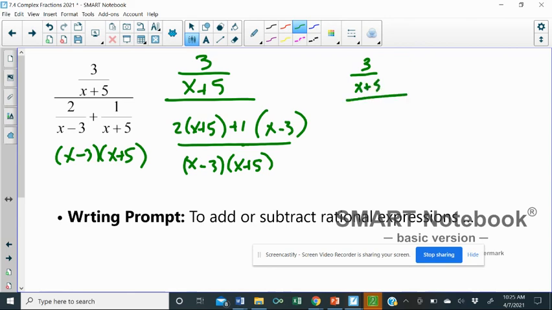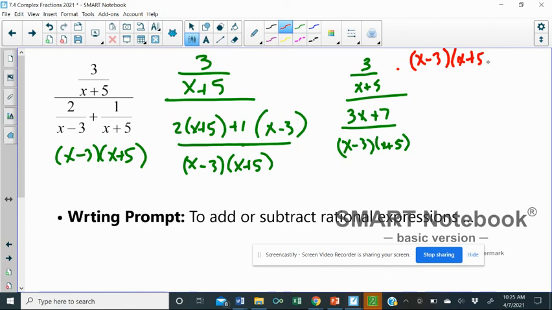So 2x plus 10 and x, so that would be 3x. 10 minus 3 is 7. Let's take that, multiply it by, those go away, those go away.